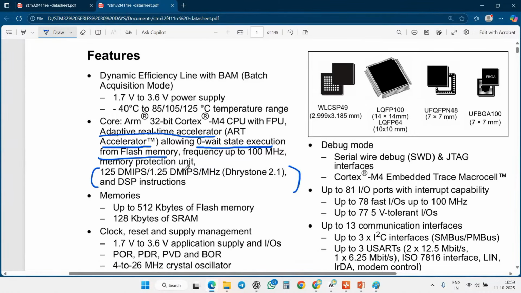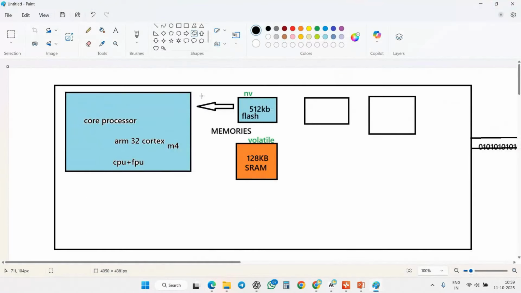So it is trying to fetch millions of data for 1 megahertz from the flash memory. How much data is being fetched, guys?